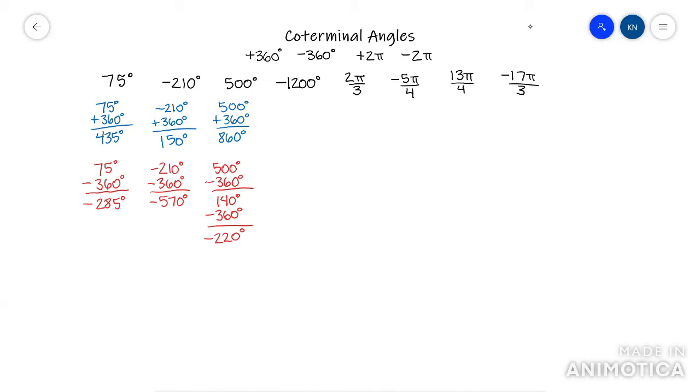All right, let's look at this next one. Negative 1200 degrees. If I wanted a positive, I would start adding 360 degrees. So this one would give me negative 840. That's not positive yet. That's not a positive coterminal. So I would have to keep going and add another 360 degrees.